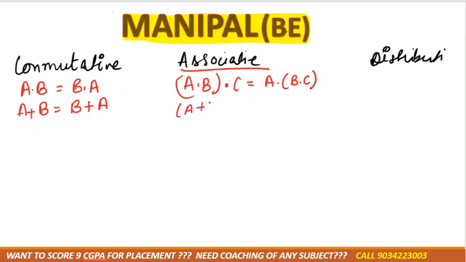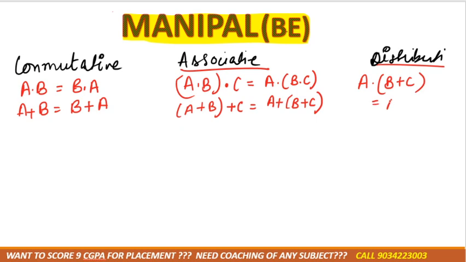Similarly, A plus B plus C is equal to A plus B plus C, right? Then the distributive law is A dot (B plus C) is how much? AB plus AC. Got it? Note this down.